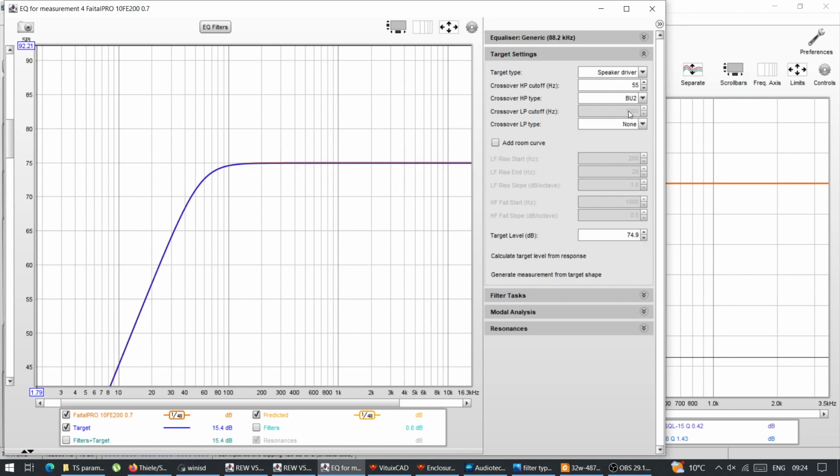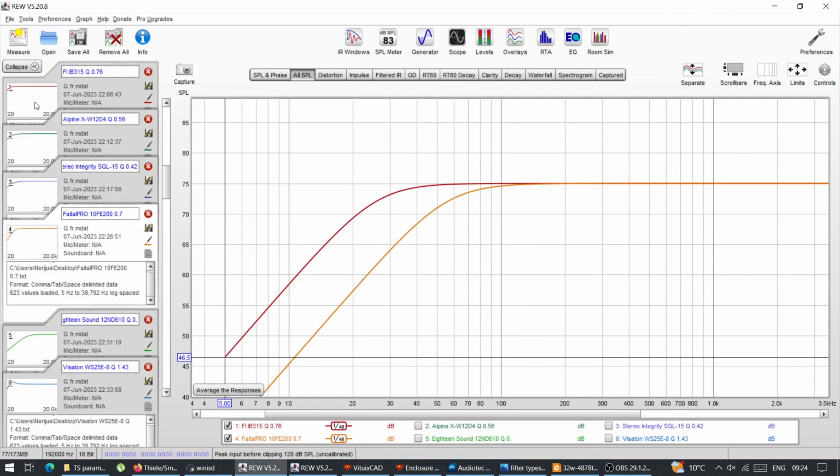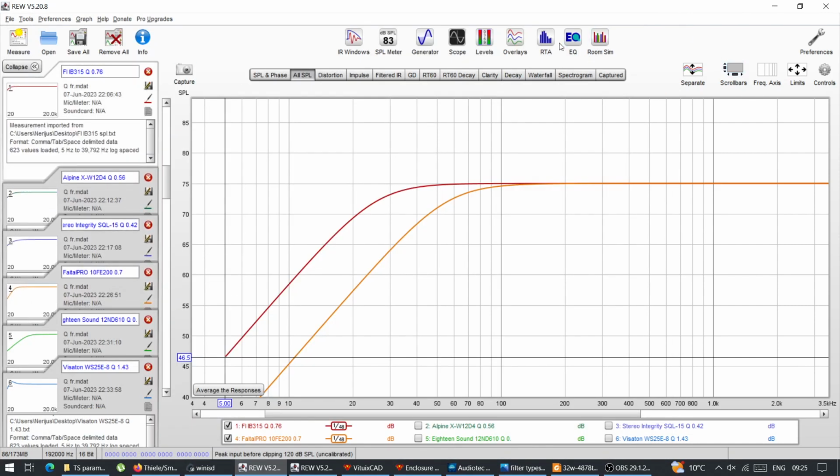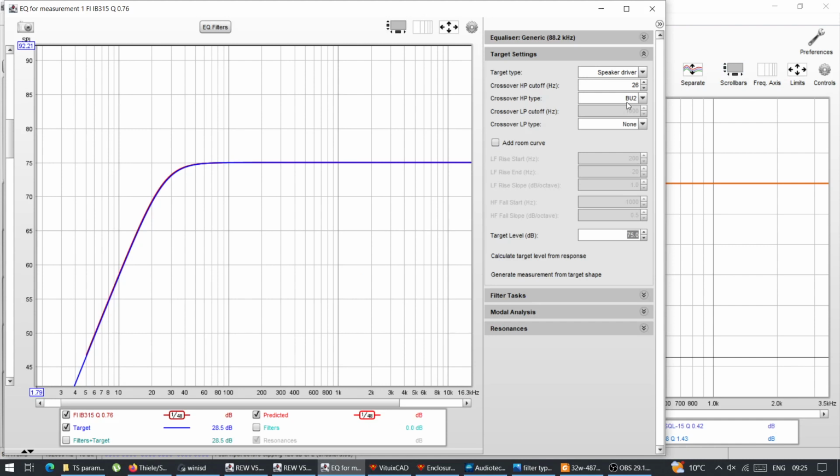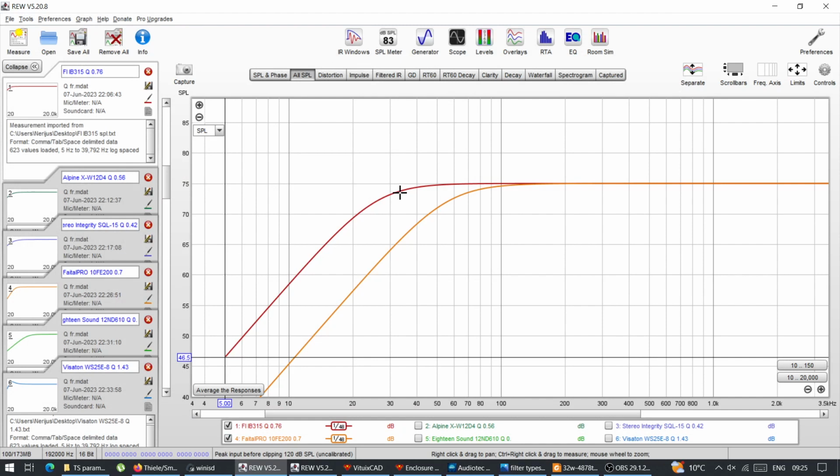And this matches Butterworth at 55 Hertz. And the Fi matches Butterworth at 26 Hertz, but it's the same topology, same 12 dB filter, just at a different frequency. So this is how Fs affects it, but the roll-off is exactly the same.